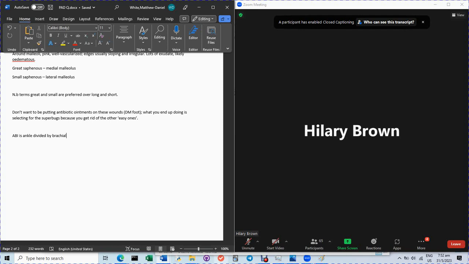And now you have your ankle brachial index on the right. Then you go and you measure the dorsalis pedis and the posterior tibial on the left leg. And you take the higher one of them and you divide it by the higher arm pressure. So you have an ankle brachial index for the right leg and an ankle brachial index for the left leg.